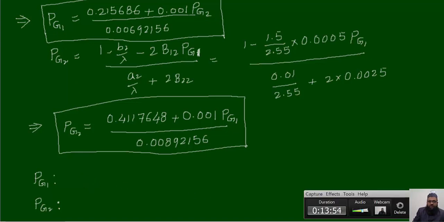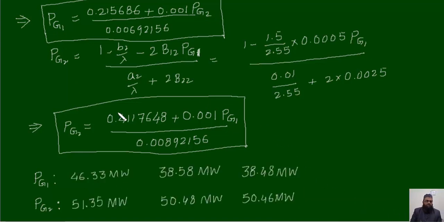So you can check yourself. I am writing directly the value. So for that value of Pg2 105 megawatt, the calculated value of Pg1 is 46.33 megawatt. Now substitute this value of Pg1 46.33 megawatt in the equation of Pg2 here. Pg1 will be equal to now the calculated value of this Pg1, and then we will obtain Pg2 is equal to this. Verify yourself, you can calculate.